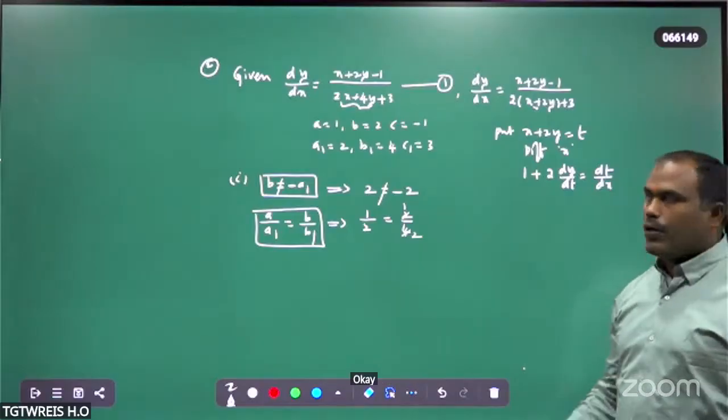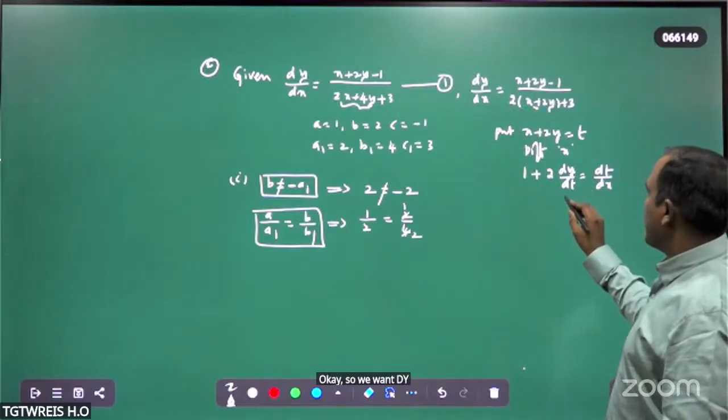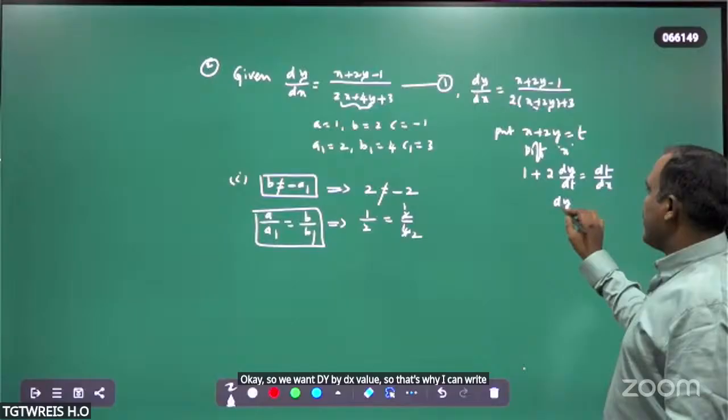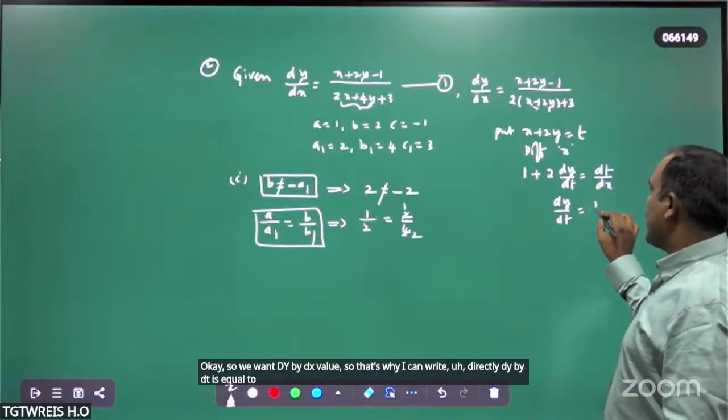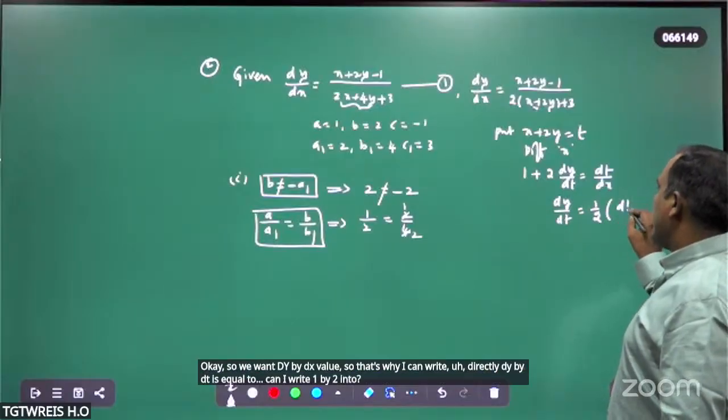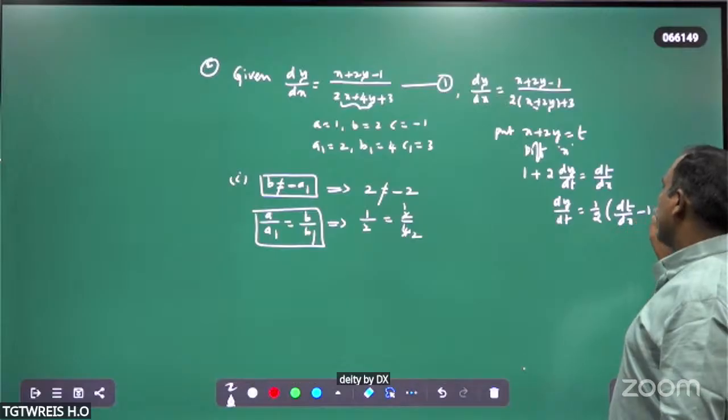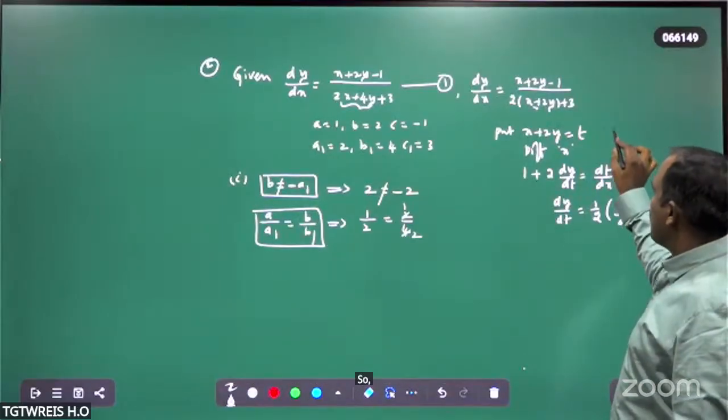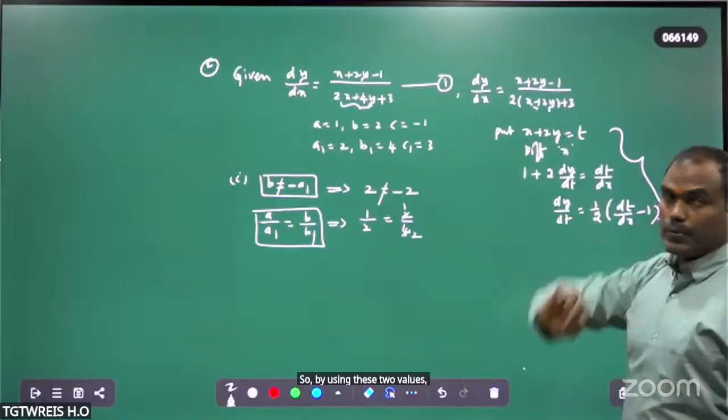We want the dy by dx value, so I can write dy by dx equal to 1 by 2 into (dt by dx minus 1).